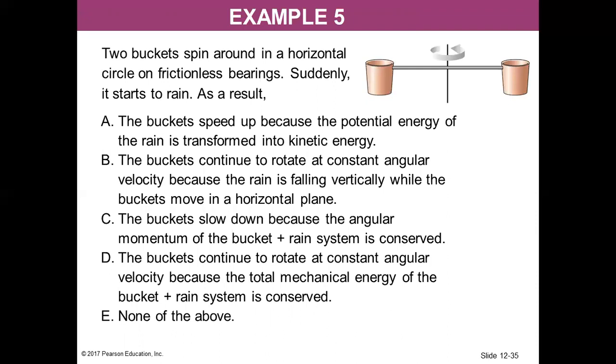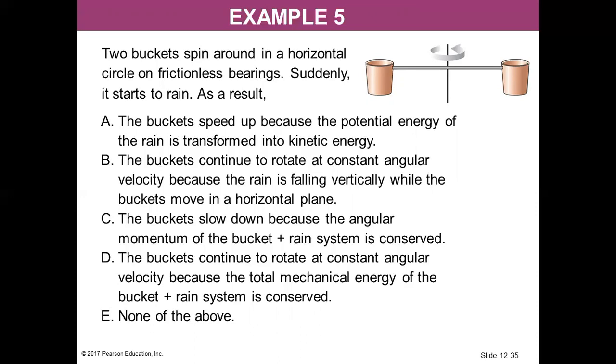Okay, another example. Two buckets spin around in a horizontal circle on frictionless bearings. Suddenly it starts to rain. As a result, let's choose the most correct answer. A says the buckets speed up because the potential energy of the rain is transformed into kinetic energy.